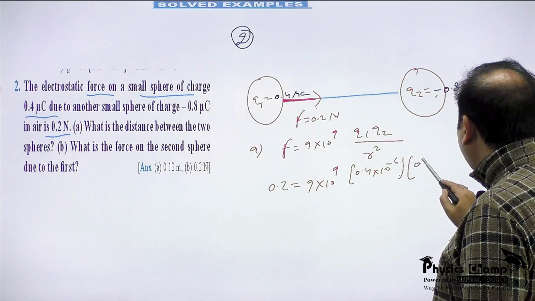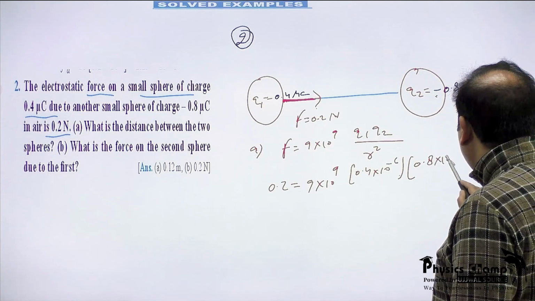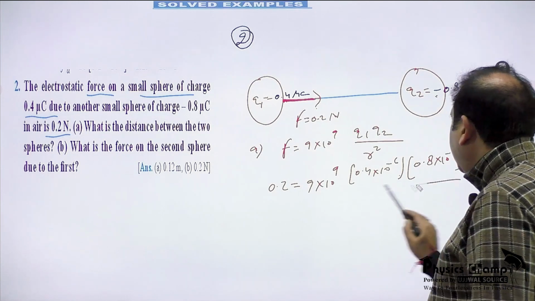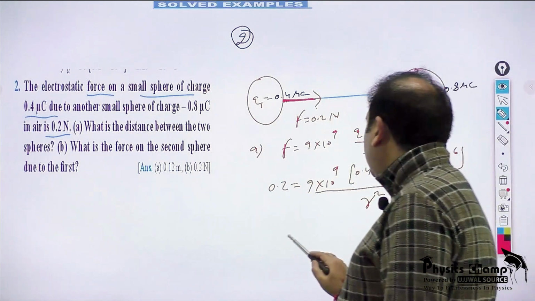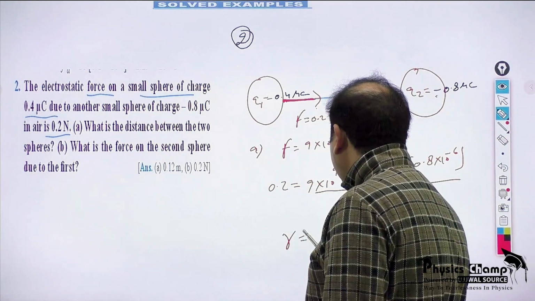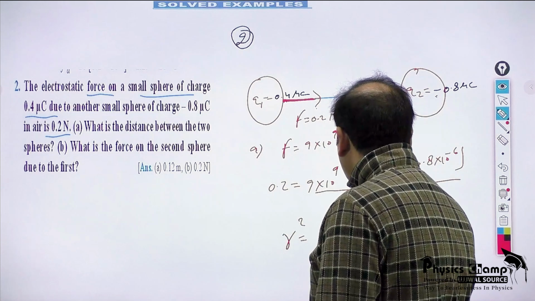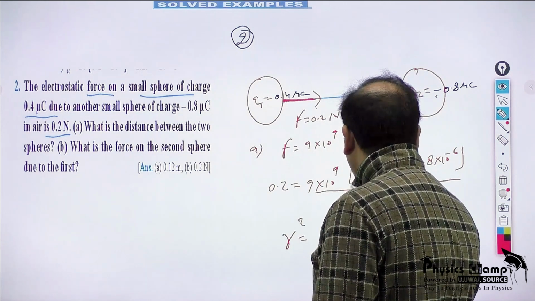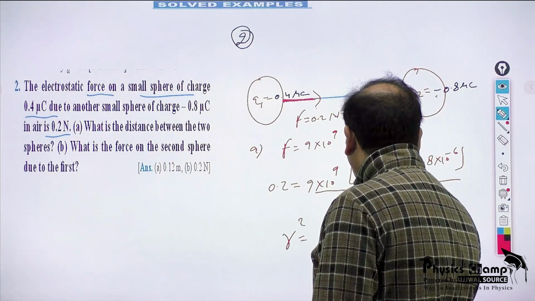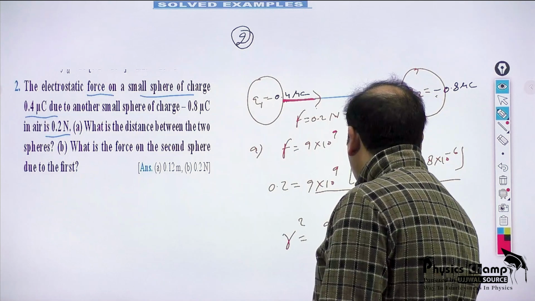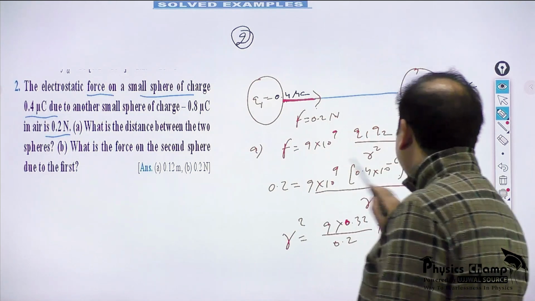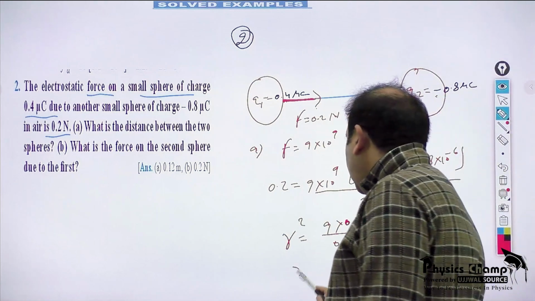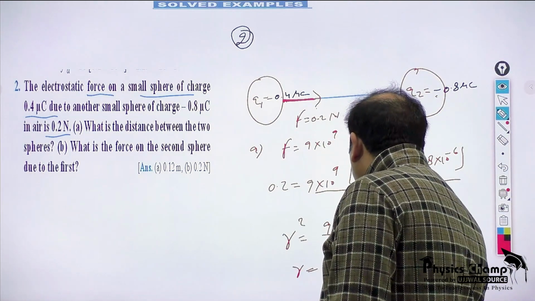So it is 0.8 into 10 to the power minus 6, divided by r square. So if we are looking for r square, it will be 9 into 0.32 divided by 0.2 into 10 to the power minus 3. And thus r you will get as 0.12 meter.